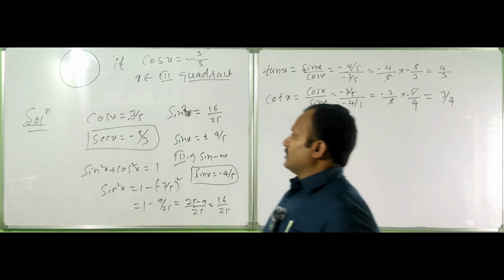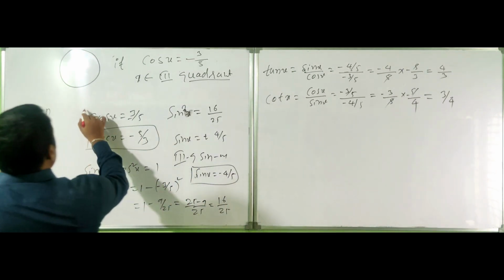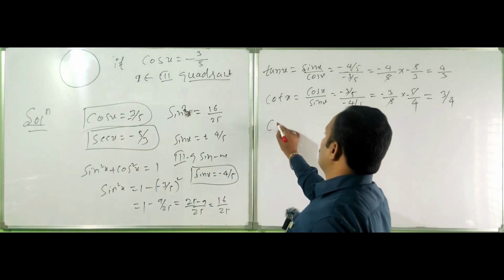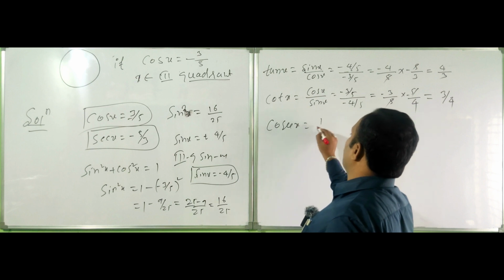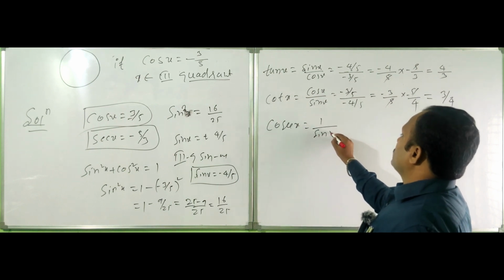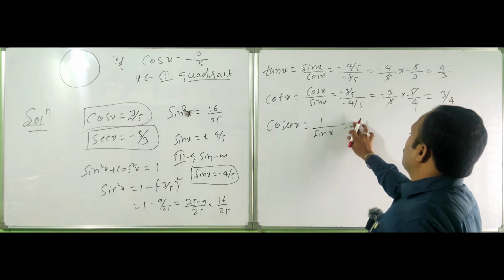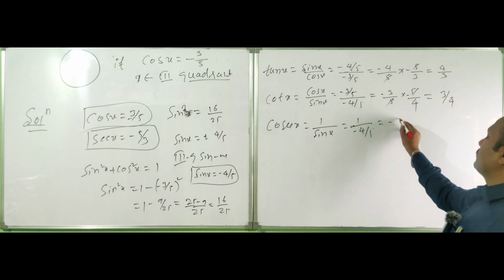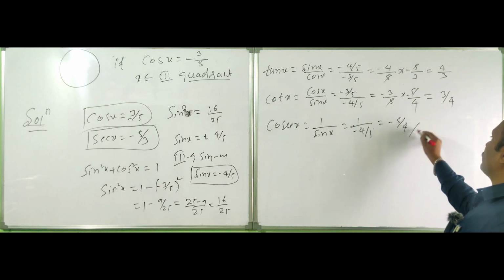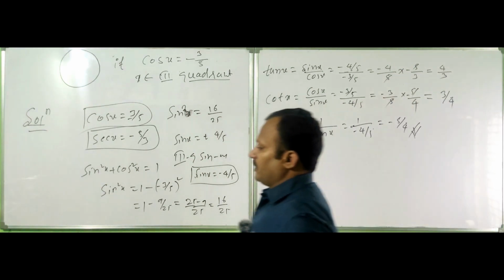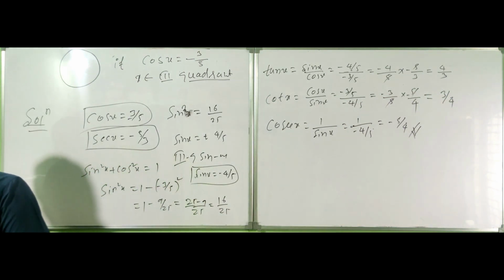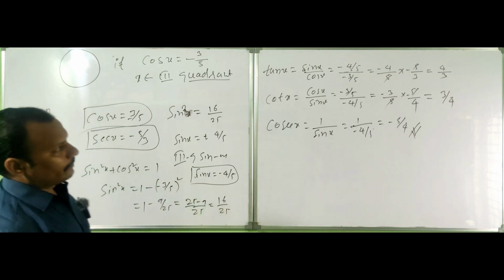Then cosecant x is equal to 1 by sin x, which is 1 by minus 4 by 5, and this becomes minus 5 by 4. These are all the trigonometric functions.